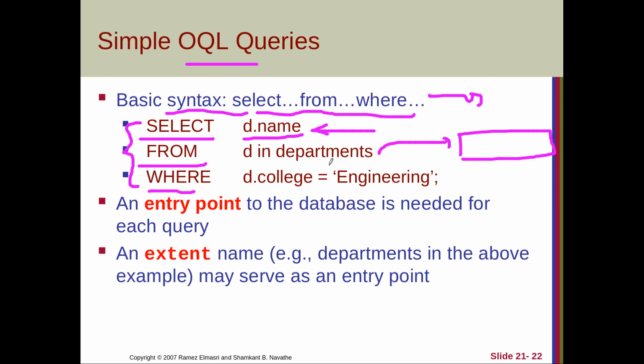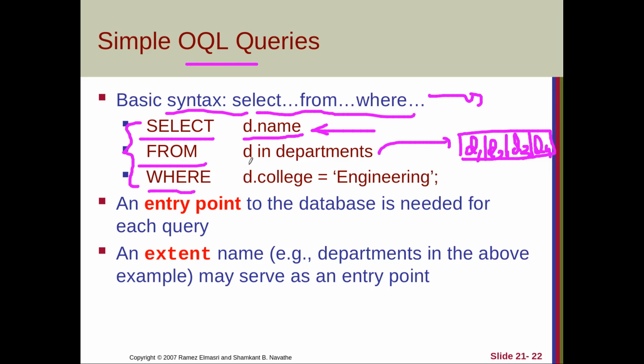Normally you can assume that this is the name of the extent. Departments consists of more than one department: D1, D2, D3, D4, etc. So this is the departments extent, that means a group of departments is there.